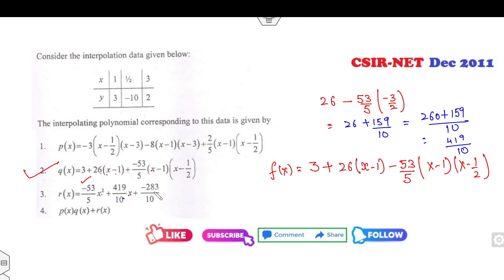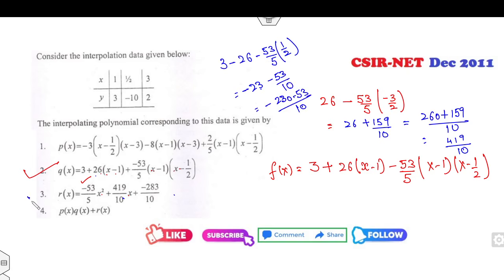Fine. Constant term. The constant term is 3 minus 26, and in this case minus 53 over 5, the constant term is plus half. It will be minus 53 over 10. So you can see 230 minus 53, 283.